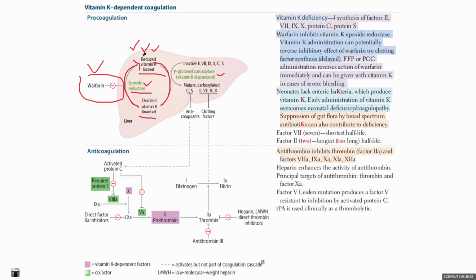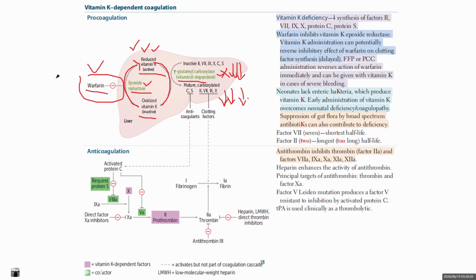If vitamin K cannot be reactivated, then of course the gamma carboxylation will also be reduced, because this enzyme is also vitamin K dependent. What is going to happen? This results in the production of only fewer, lower functional clotting factors, and that is why we claim that warfarin always acts as an anticoagulant.